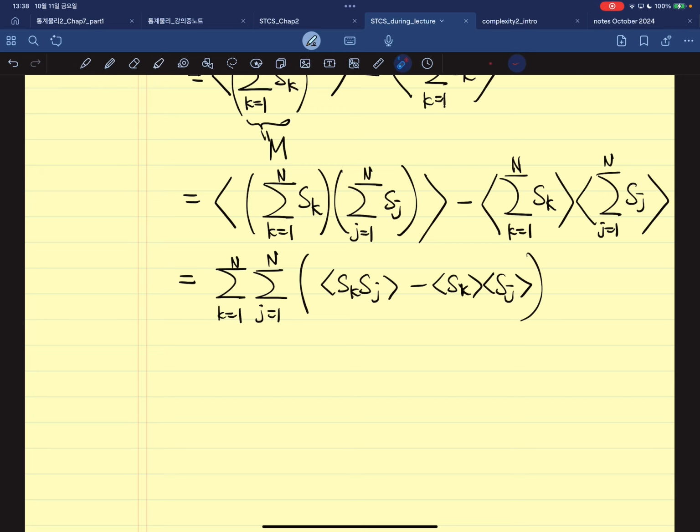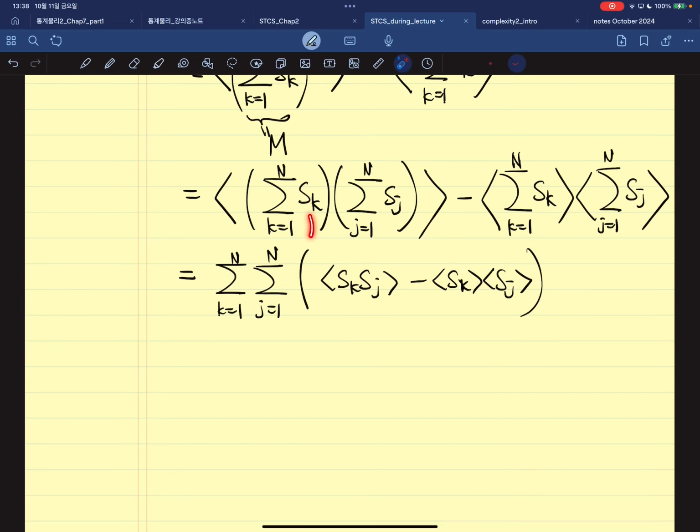Perhaps this is the most abrupt change, but if you think about this deeply, it's not hard to see these two expressions are equivalent to each other. It's easier for you to derive from here to here, but it's not hard to see that these two are identical.